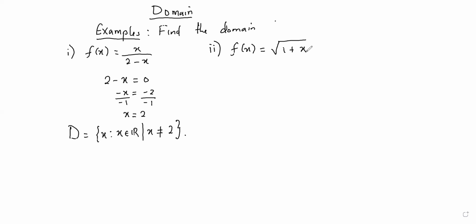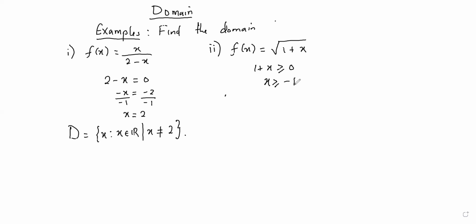So say 1 plus x should be greater or equal to 0. If it's 0, we're okay. Greater, even better. So it will be x greater or equal to -1.